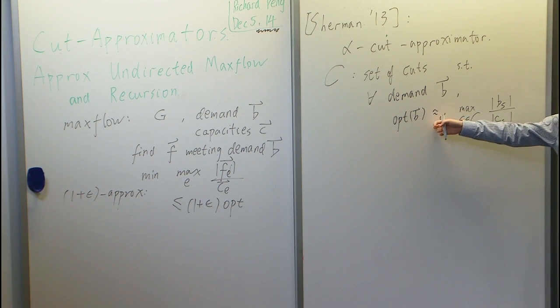This is the notion of approximation I will use throughout this talk: I can find lower and upper bounds that are guaranteed to fall within multiplicative factors of these two values.